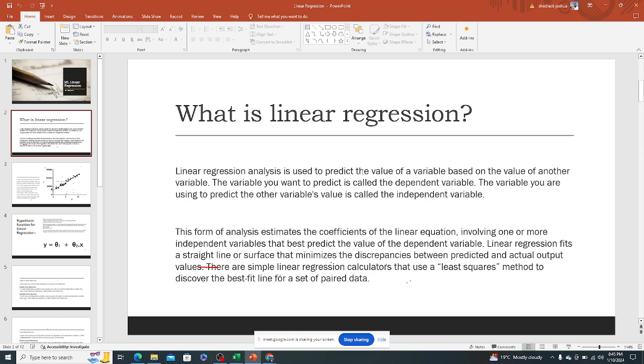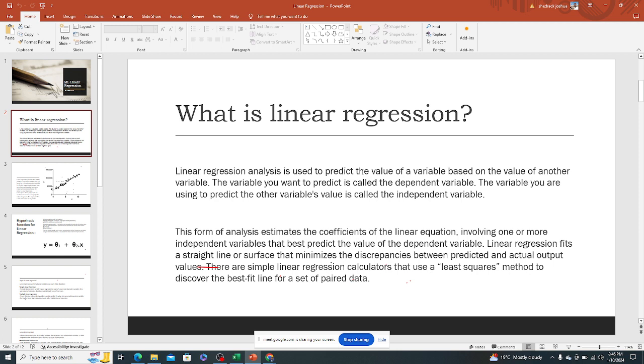This is a topic which will take at least three classes, extensive classes, maybe, and then on the fourth class we will do practicals. All right, good. So let's start, and first of all define what we call linear regression.